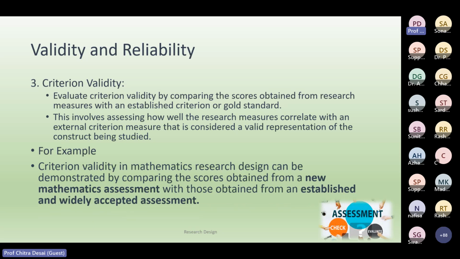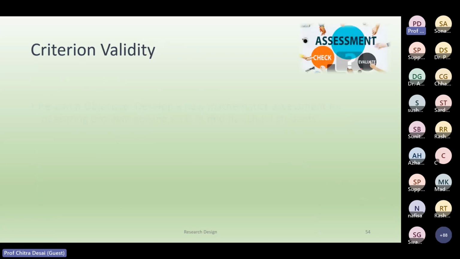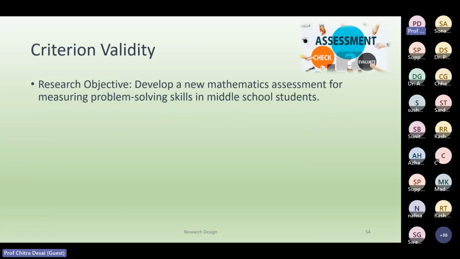For example, say we want to set a criterion validity to compare the scores obtained from a new mathematics assessment with those obtained from an established and widely accepted assessment of a student. First of all, we define a research objective: to develop a new mathematics assessment for measuring problem solving skill in middle school students.